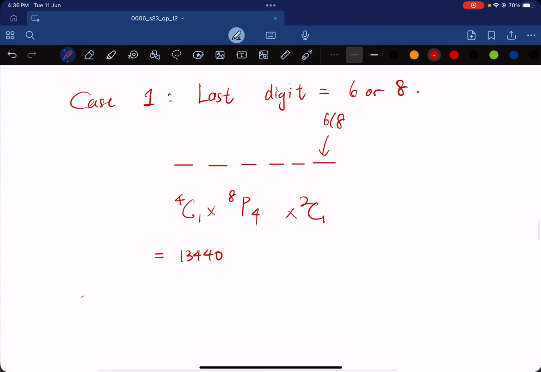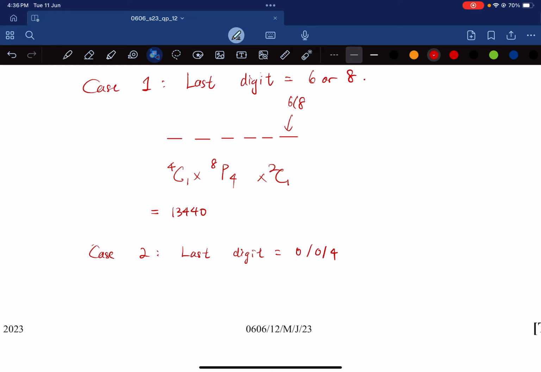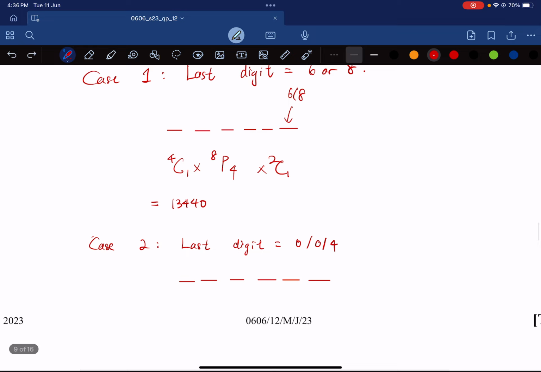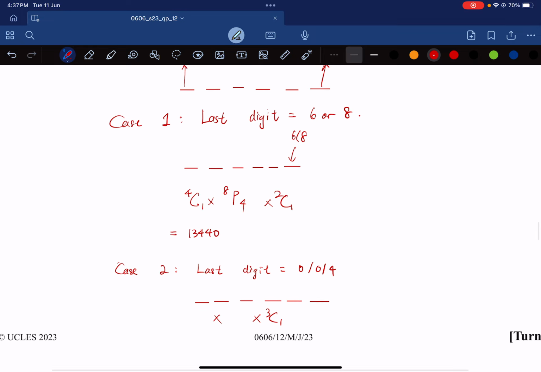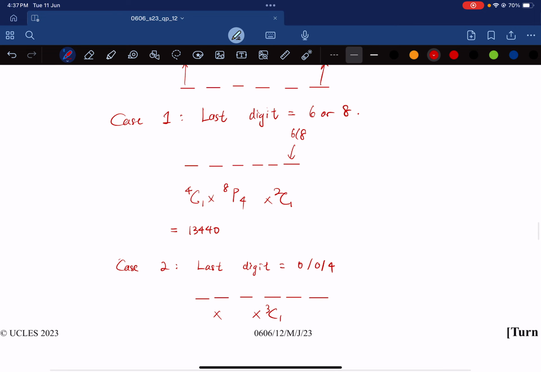The second case is where the first and last digit do not clash. So the last digit is 0 or 2 or 4, so we have 3 choose 1. The last digit doesn't affect my first digit's available options because they do not clash. The first digit would be 5 choose 1.